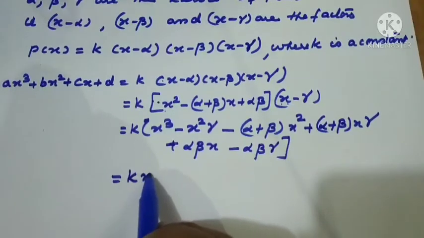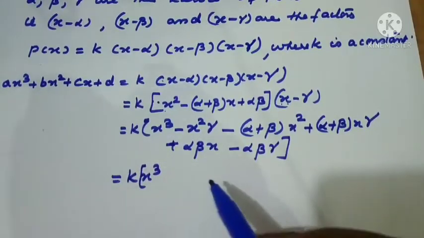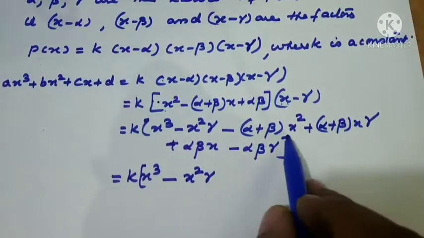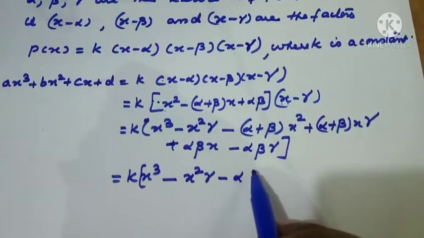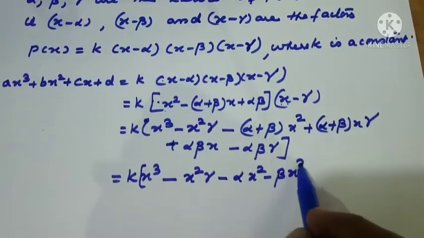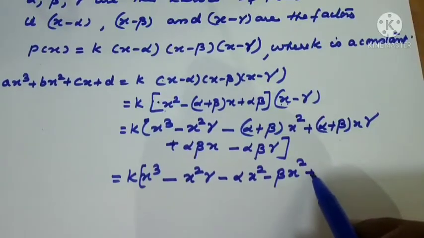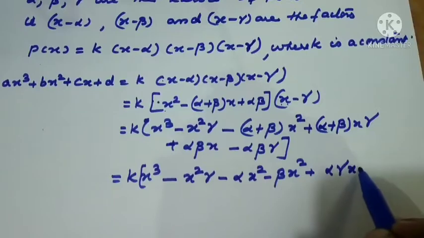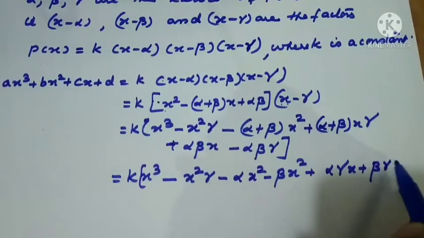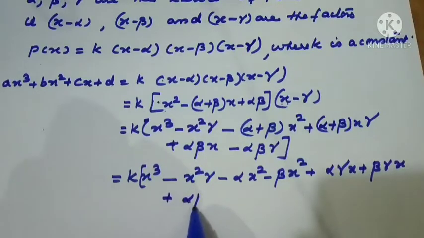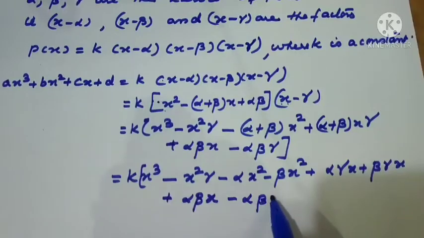So kx cube, bracket, again minus x square gamma. Now expand this bracket: alpha x square, beta x square, alpha gamma x, beta gamma into x, plus alpha beta into x, minus alpha beta gamma.